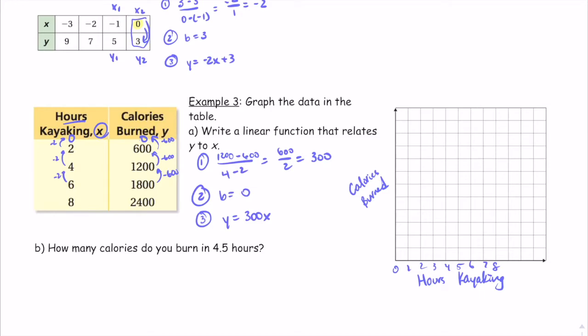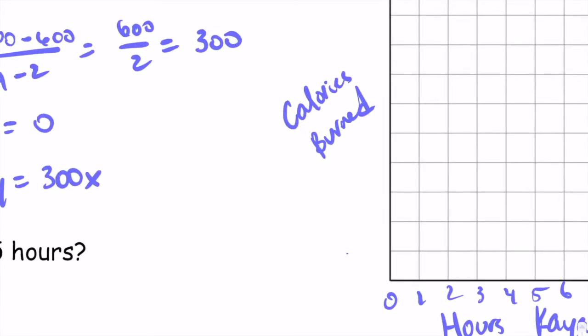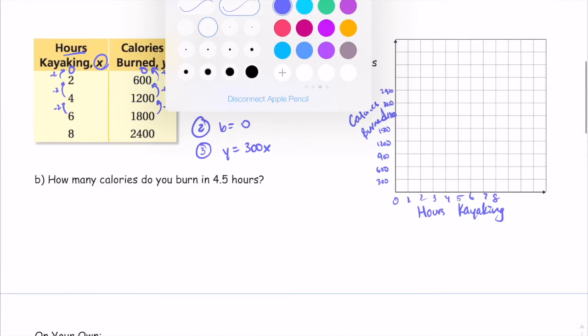I can't go up to 2,400. I think I might go off this page if I wanted to go up by ones doing that. So let's go up by 300s. So if I go up 300, 600, 900, 1200, 1500, and 2400. All right, so now let's plot these points.